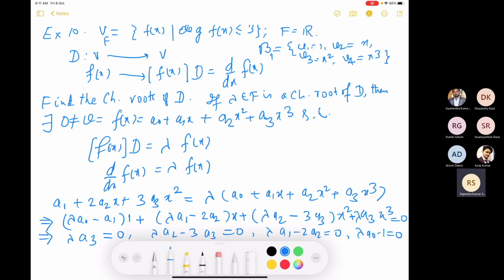Now, what could be the relationship when we change the basis? This is what we want to now study.